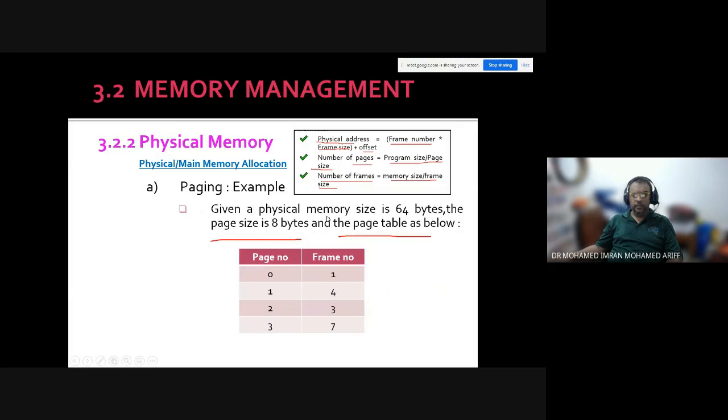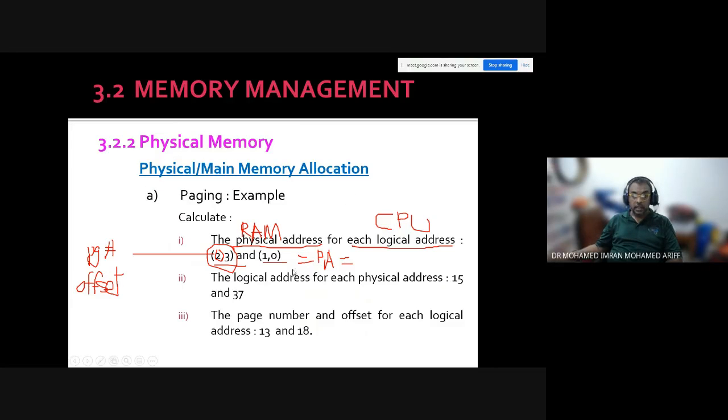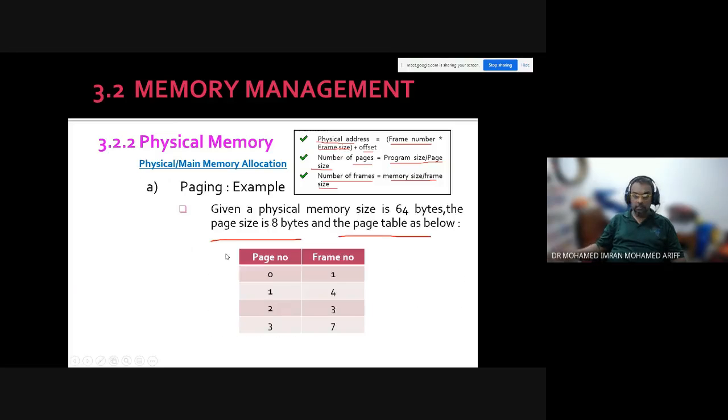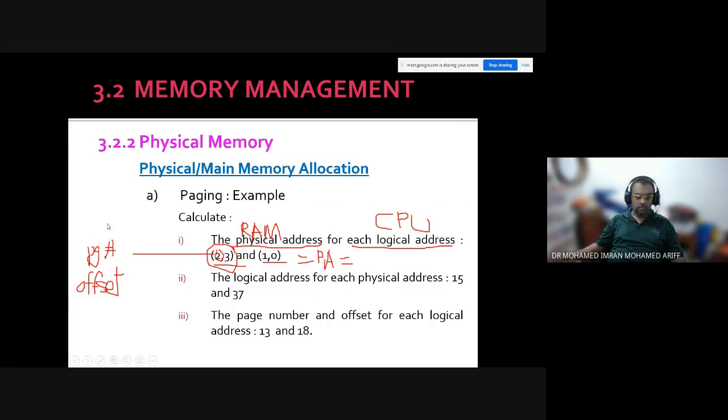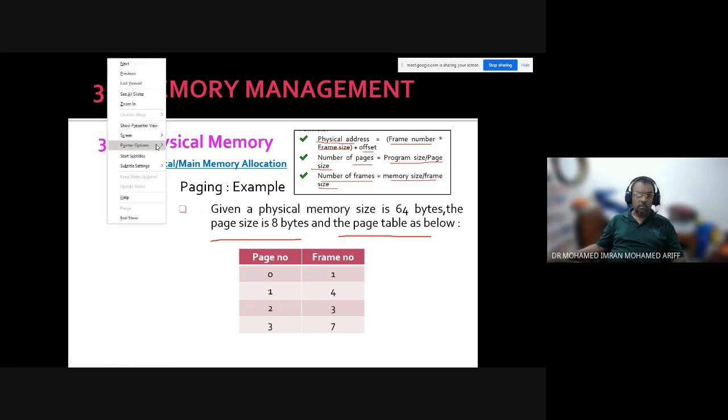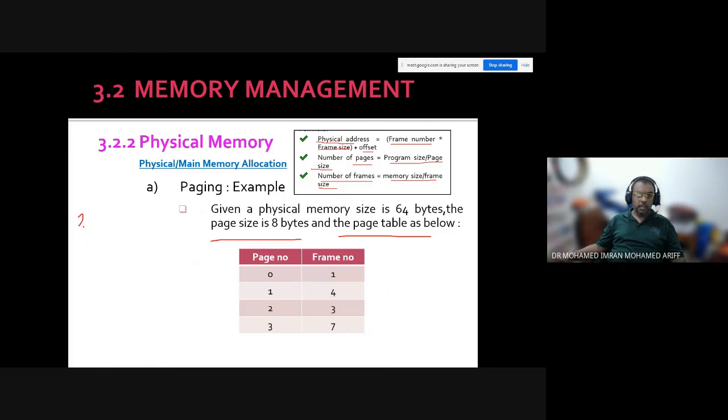Okay, so you are supposed to find the physical address given the logical address of 2, 3 and 1, 0. Okay, so let's do the first one. 2, 3. Logical address 2, 3. Okay, saya tulis short form dia LA. So logical address 2, 3 kita nak cari dia punya physical address.